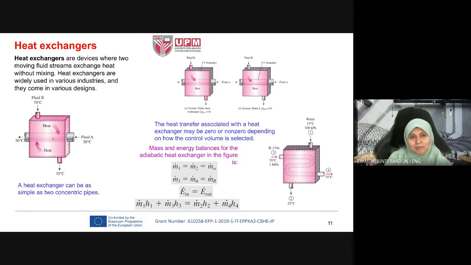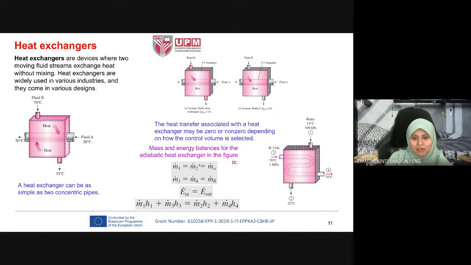But sometimes fluid B only gives some portion of its energy, maybe only 5 kilojoules out of the 10 just now, to fluid A. So that is what it means.